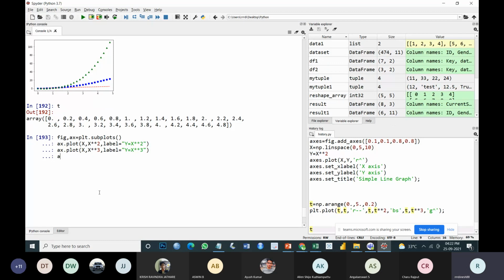Then ax dot legend of location is 2. ax dot set underscore xlabel is x-axis. ax dot set underscore ylabel is y-axis. ax dot set underscore title.